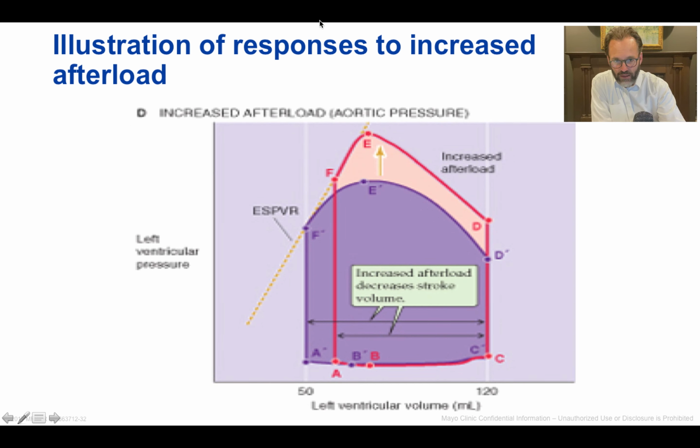So that will increase stroke volume during that subsequent beat. Now, again, if we look at the response to an increase in afterload, you can see here that, again, the purple being normal conditions, if we have a very sudden increase in afterload at a given level of preload, then what will happen is we will have, again, an increase in pressure generation during that subsequent systolic phase. That is going to increase further during systole, but then we're going to hit this end systolic pressure-volume relationship, which physiologically the ventricle cannot pass for any given level of cardiac contractility.